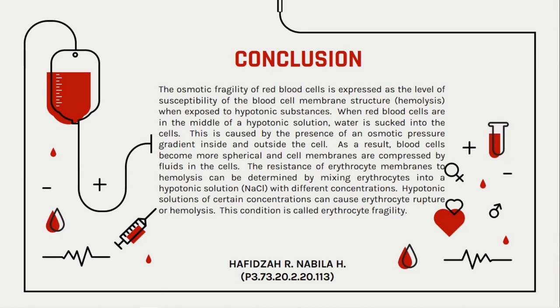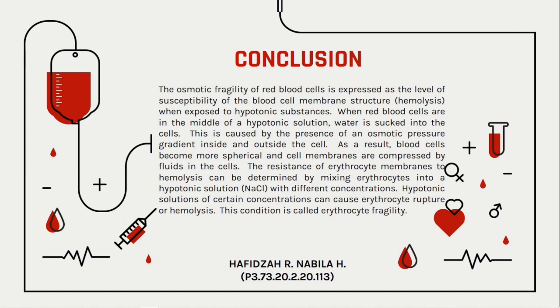And the last discussion of this video is the conclusion. The osmotic fragility of red blood cells is expressed as the level of susceptibility of the blood cell membrane structure to hemolysis when exposed to hypotonic substance.